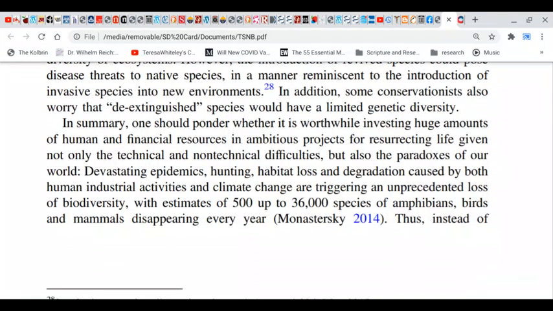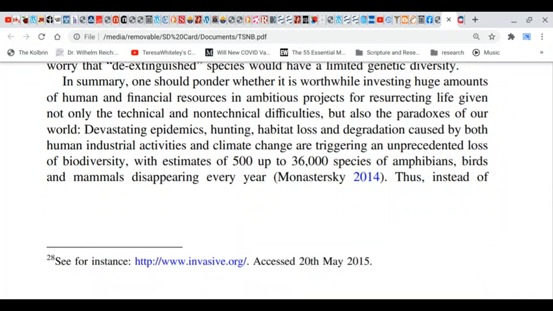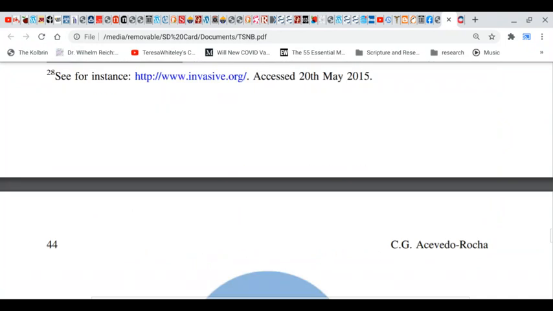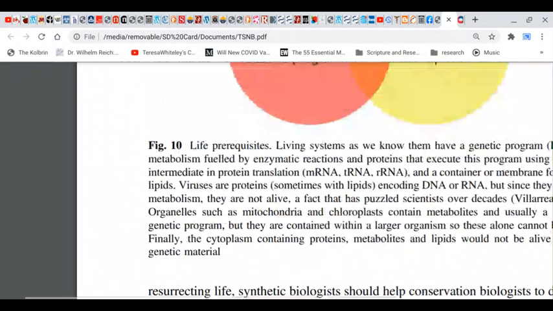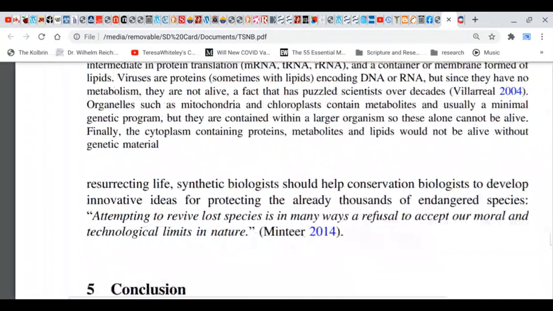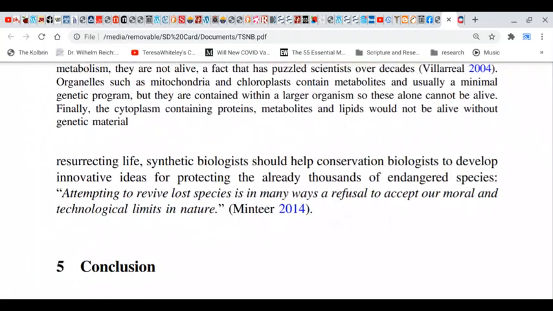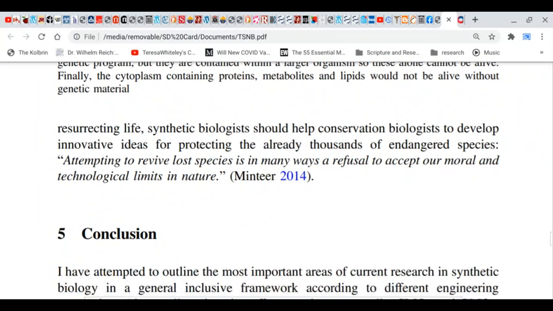Devastating epidemics, hunting, habitat loss, and degradation caused by both human industrial activities and climate change are triggering unprecedented loss of biodiversity, with estimates of 500 to 36,000 species of amphibians, birds, and mammals disappearing every year. Thus, instead of resurrecting life, synthetic biologists should help conservation biologists to develop innovative ideas for protecting the already thousands of endangered species.